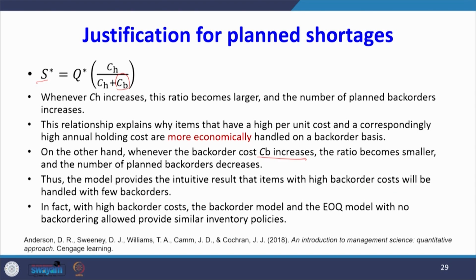In fact, with high backorder cost, the backorder model and the EOQ model with no backordering allowed provide similar inventory policies. So, what I mean to say is, whenever there is a high backorder cost, whether you solve by the planned shortages model or our traditional EOQ model, you will get a similar result.